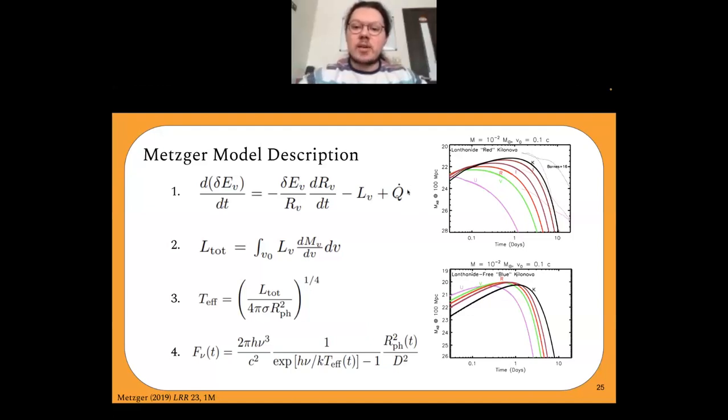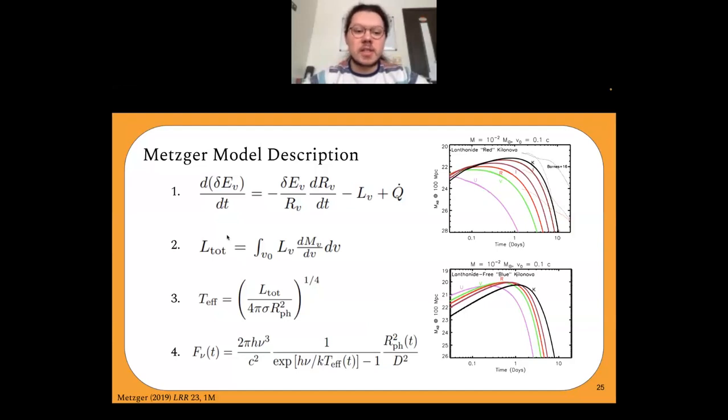And then we have an input energy from the radioactive decay of the unstable radioactive nuclei, which I discussed earlier in the talk. So we have 2 sources of energy loss and a heating source from the radioactivity being deposited into the ejecta.